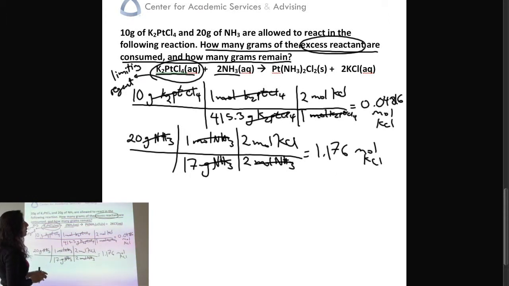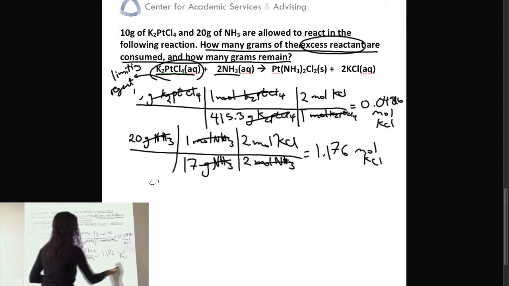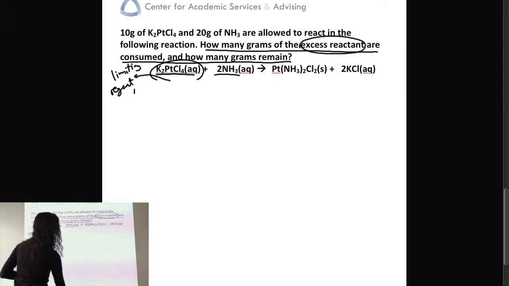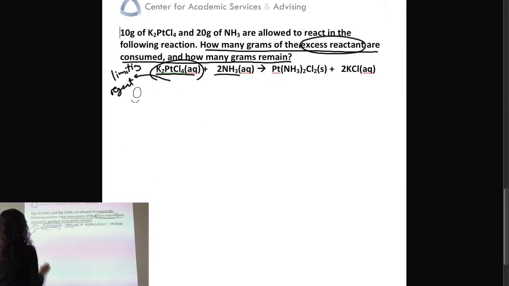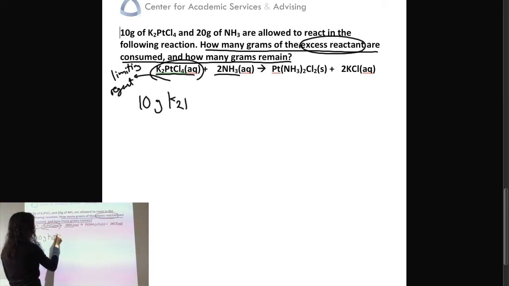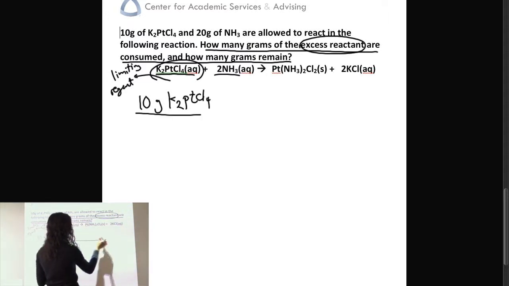So in the next step, we want to figure out how much of it will be consumed and how much of it will remain. So I'm going to go ahead and erase this part. Once again, we know that our 10 grams of K2PtCl4 will react completely because it is the limiting reagent.